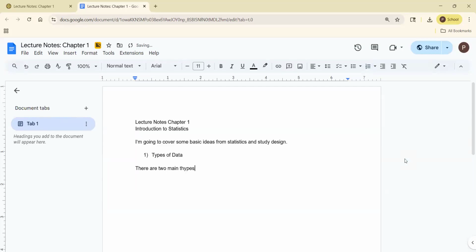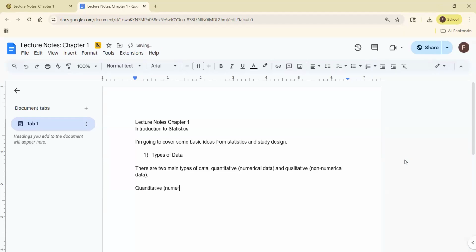There are two main types of data: quantitative, which is numerical data, and qualitative. By the way, Google is getting predictive, so you may see sometimes that as I type, it actually guesses what I'm going to write next. Sometimes it's right, sometimes it's wrong. Quantitative, which is numerical data, and qualitative, which is non-numerical data.